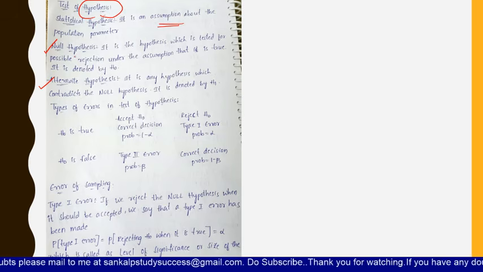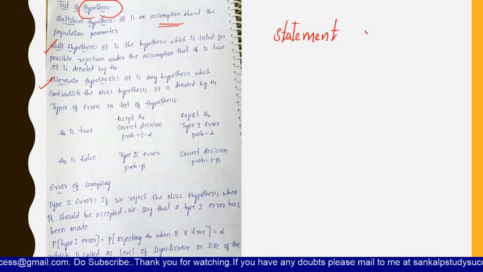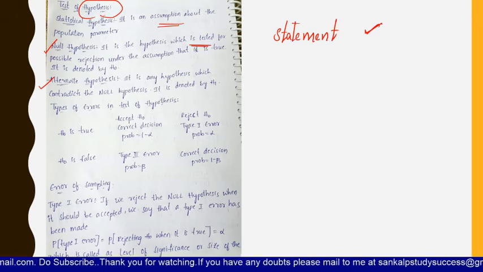Now, let us see what is null hypothesis and alternate hypothesis. It is the hypothesis which is tested for possible rejection under the assumption that it is true. That means we are going to assume that the given statement is true, but it is tested for possible rejection.